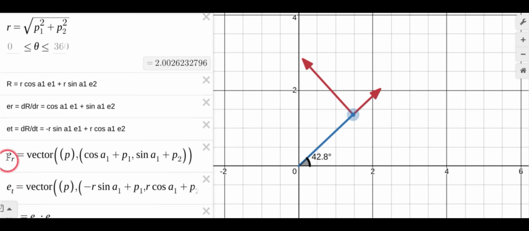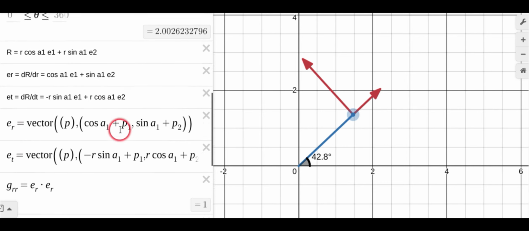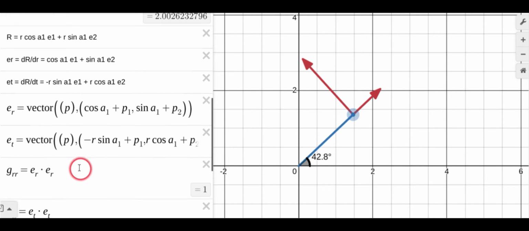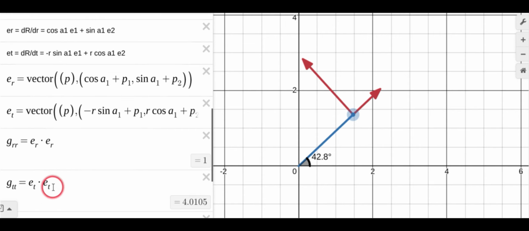Well, we've got 2 basis vectors, so we can find a metric tensor, right? The metric tensor is defined as the product of the basis vectors. Well, ER.ER is just 1, and we knew that because it's 1 unit long. And E theta.E theta is that number, and that number is variable. You can see it changes wherever we change, okay?